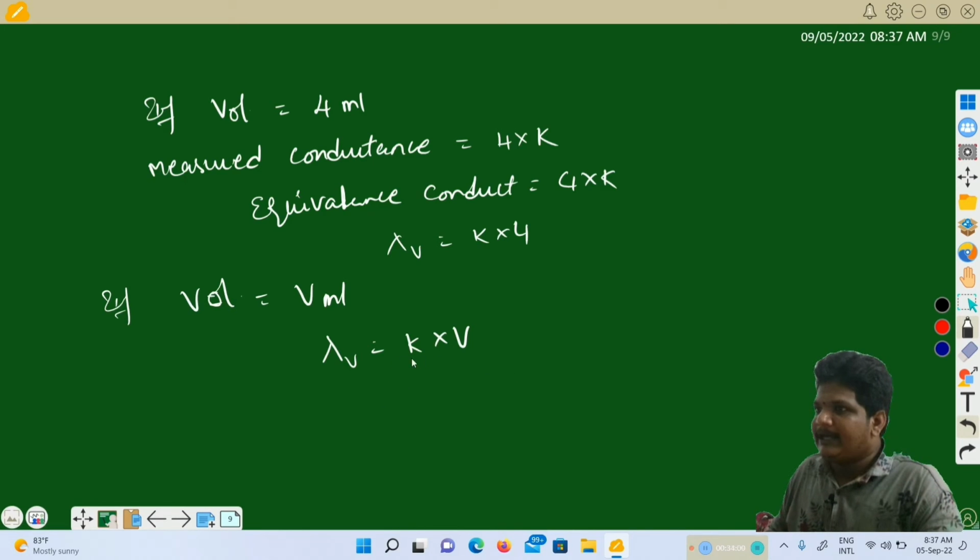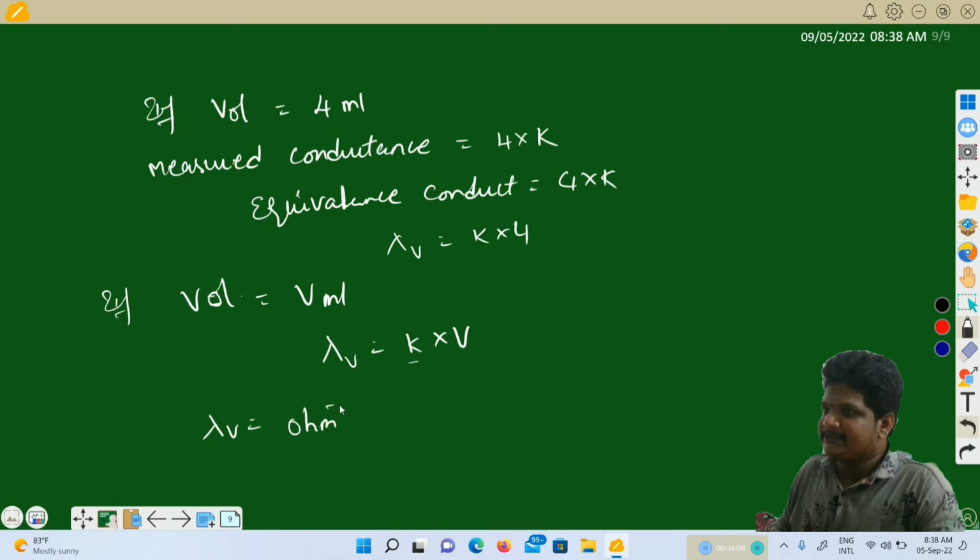What are the units of this equivalent conductance? The units of specific conductance are ohm inverse centimeter inverse. V is the volume of solution containing 1 gram equivalent electrolyte, so its units are centimeter cube equivalent inverse.